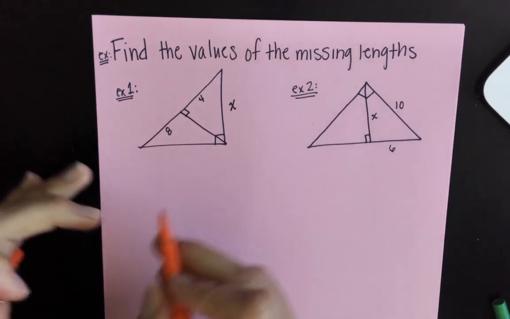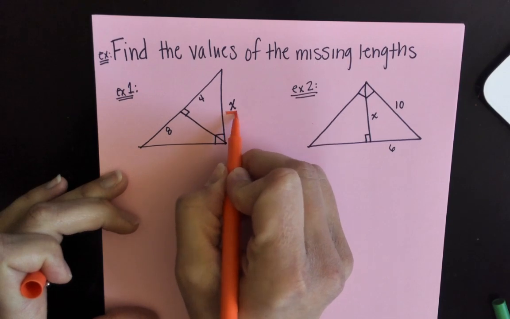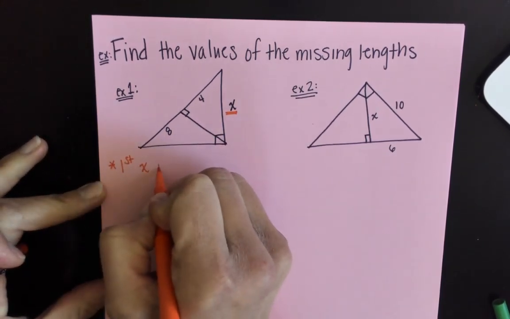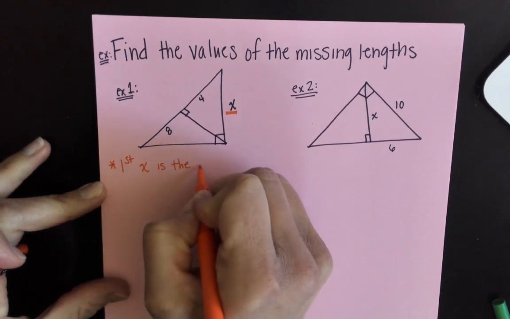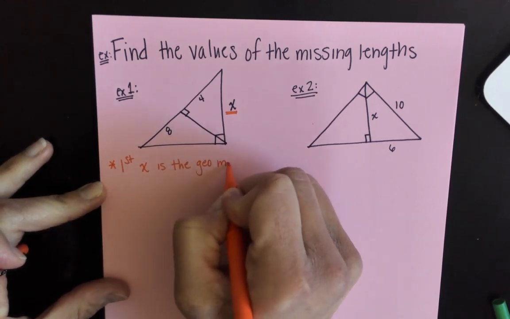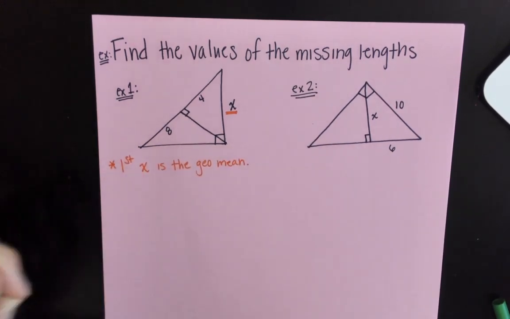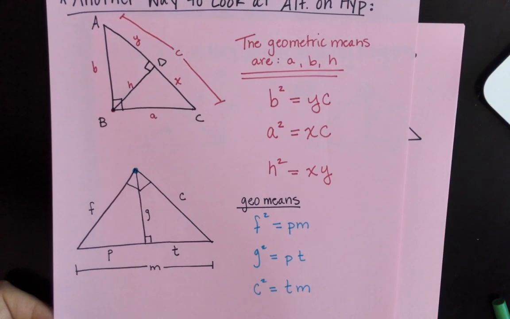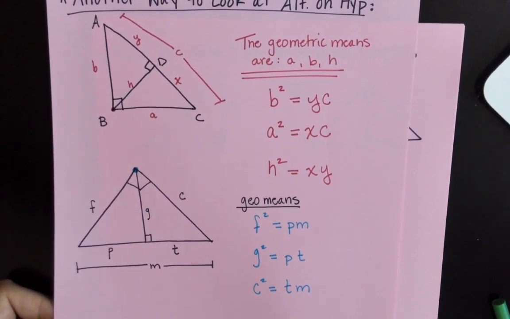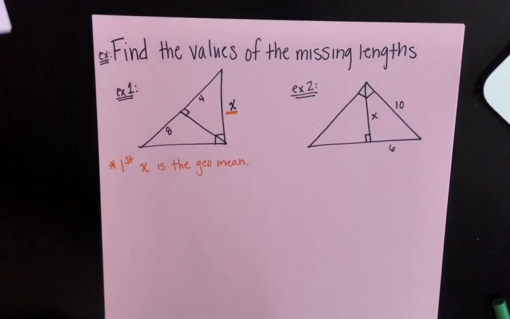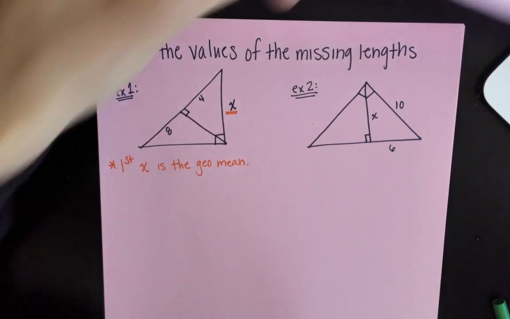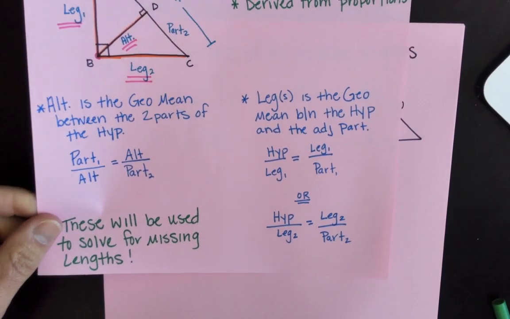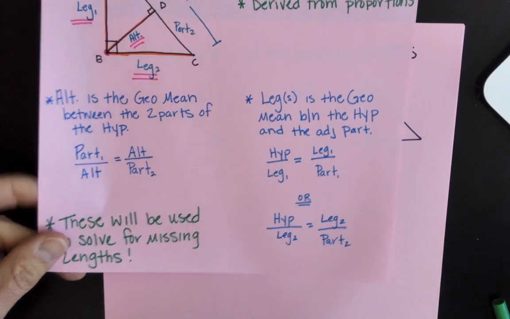So first thing I'm going to do is I recognize that I have my geometric mean. And I either want to use these formulas, depending upon what I'm most comfortable with, or I want to use the proportion. Again, I don't care. However, it's easiest for you to memorize.